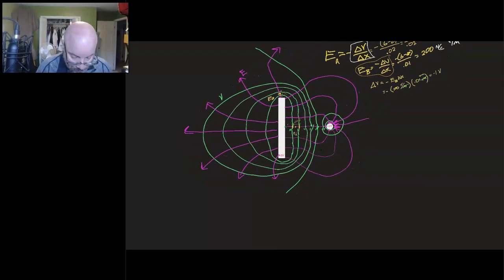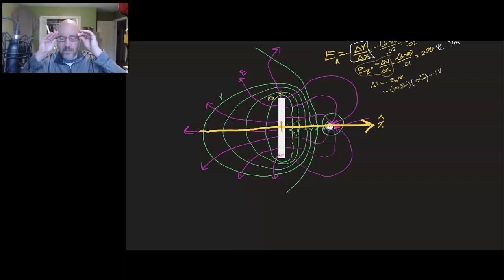Now let's put an x-axis right down the middle here. We're going to call 0 right here. I don't really care about the y-axis, but that's x equals 0, the beginning of my thing.